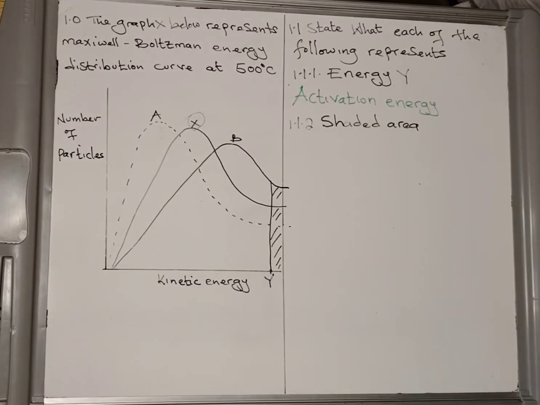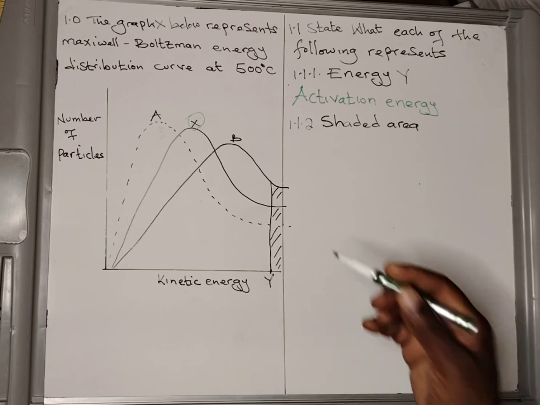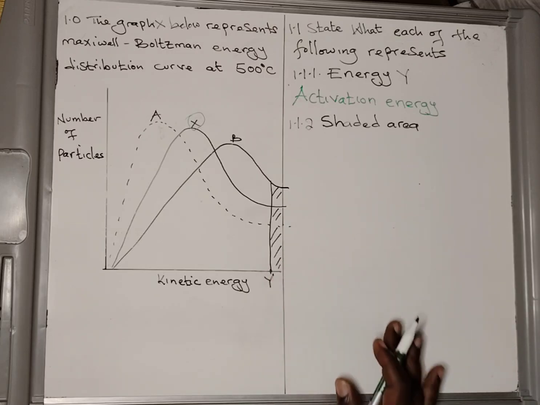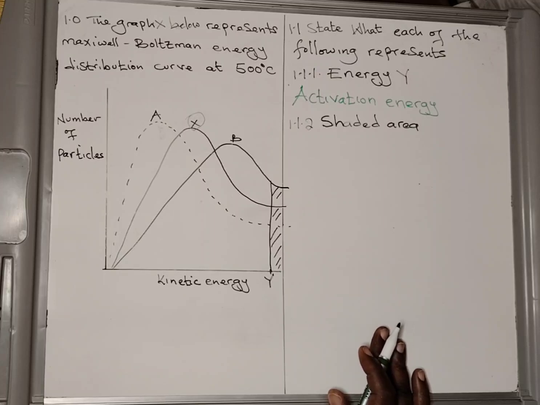Then comes this question, question 1.1.2. It says, state what the shaded area represents. This happens to be the shaded area, the area after energy Y. And the question says, what does it represent?